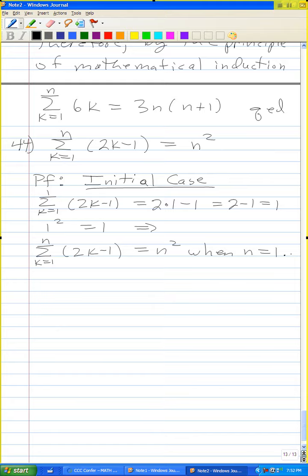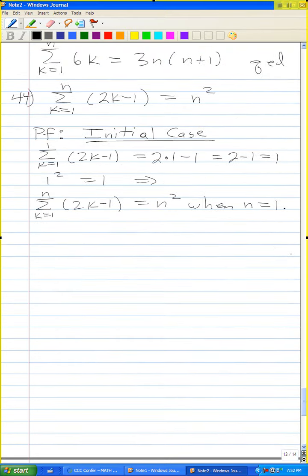Let's do the induction case. Let's see if the induction case holds. So let's write down my induction hypothesis. Let's suppose that, oh, and I guess I'll use capital N again.